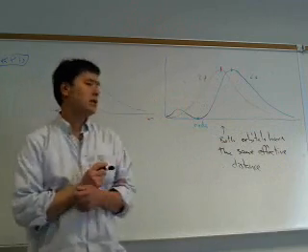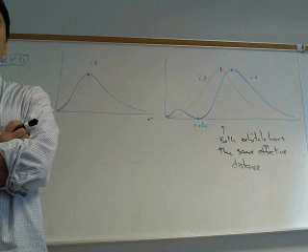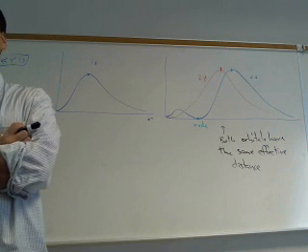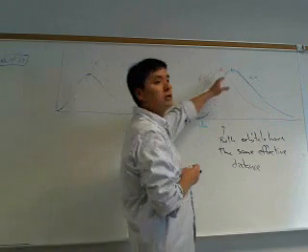Both orbitals have the same effective distance from the nucleus. In other words, the electron in both the orbitals have the same effective distance. And so how can that be? Because it looks like the 2p is closer than the 2s.